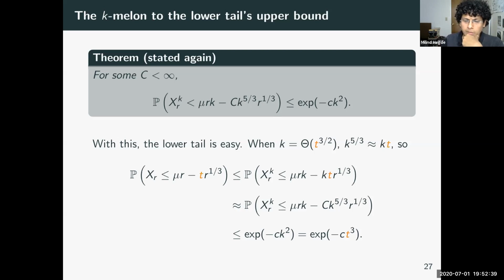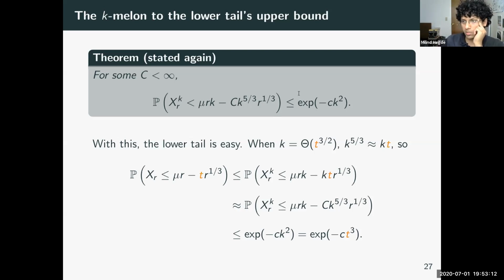Okay. So looking at the theorem, it says that the probability that the entire watermelon's weight is small is very small. And the way the theorem is proved is we construct k disjoint paths which have, with high probability, more than this weight. Right, so if you can construct, with probability 1 minus exponential minus k squared, k disjoint paths which have weight bigger than this, well then the best k paths must also be bigger than that.